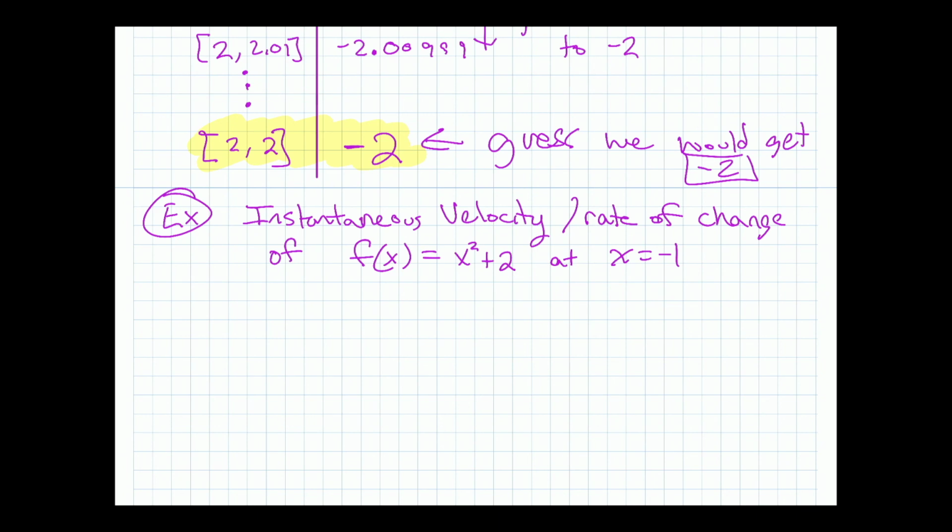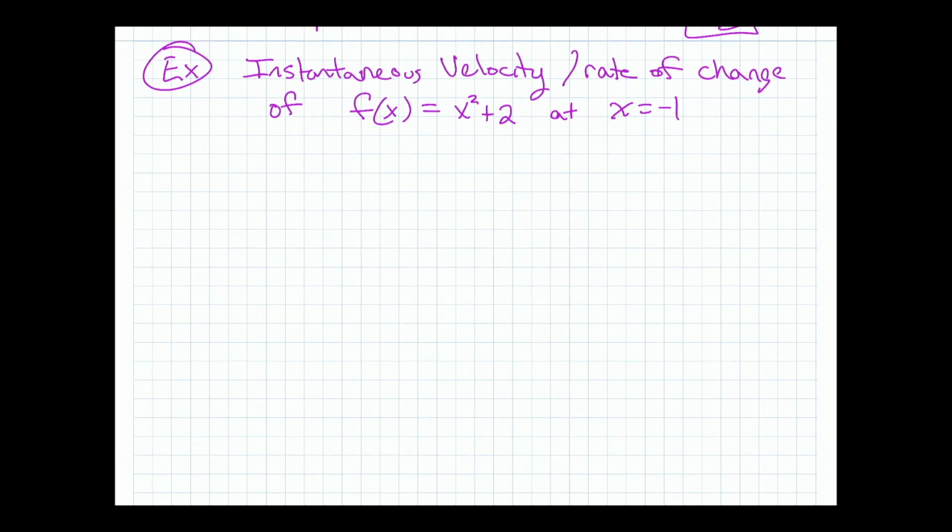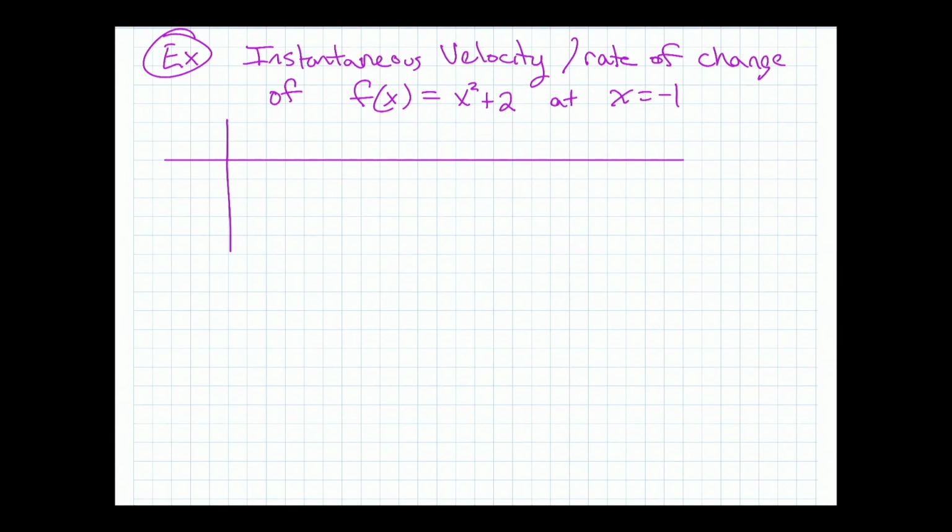All right, and we can even be more organized this time and maybe do a better job here. I don't know how much space I'll need. But let's just think about the interval that we might use here for doing this. So if we're going to evaluate this at -1, we can go from, let's say, -1 to, what do we want to use? It doesn't matter what we use. So like, let's say -0.9.